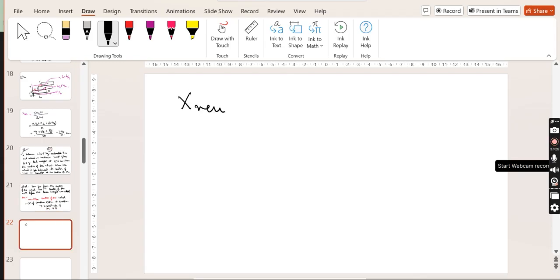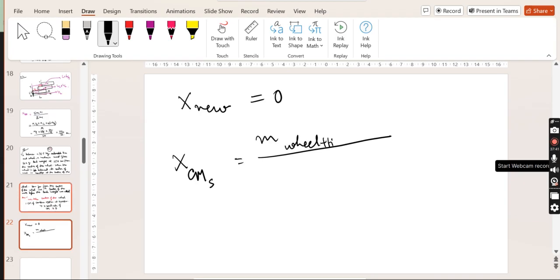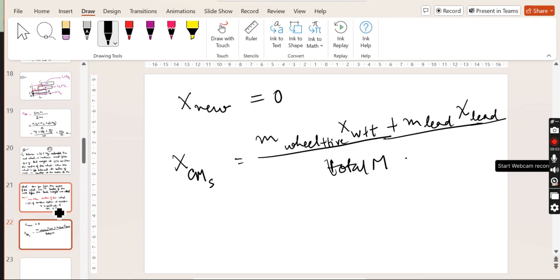So x new is equal to 0. So this x value of the center of mass of the whole system is basically m wheel plus tire into x wheel plus tire, plus m lead into x lead, divided by total m. Okay, so this is 0.